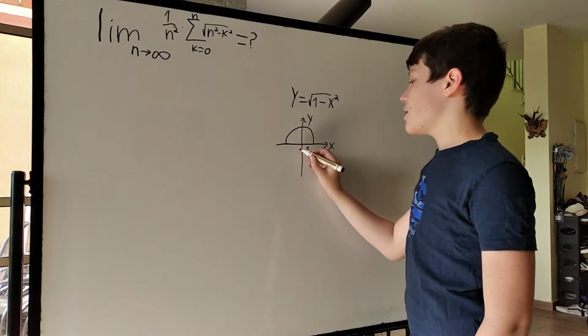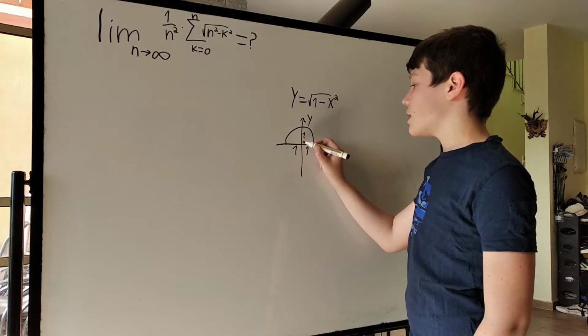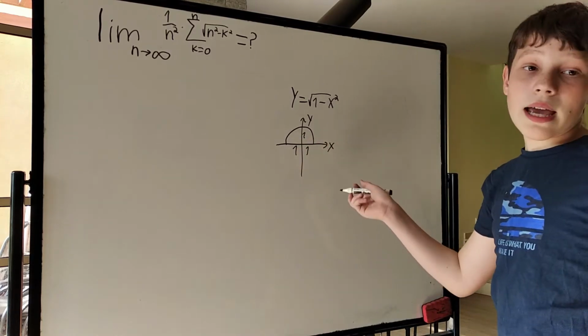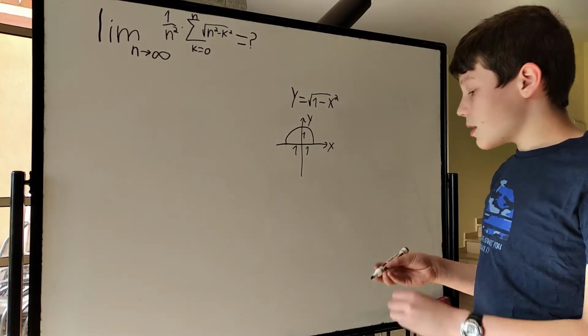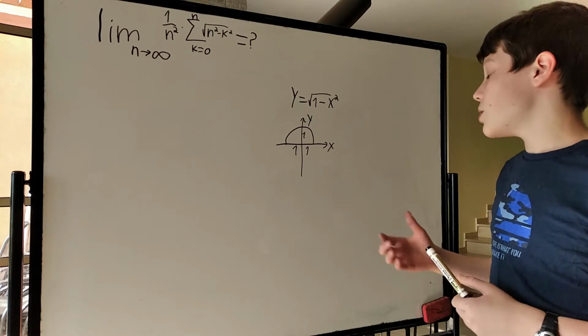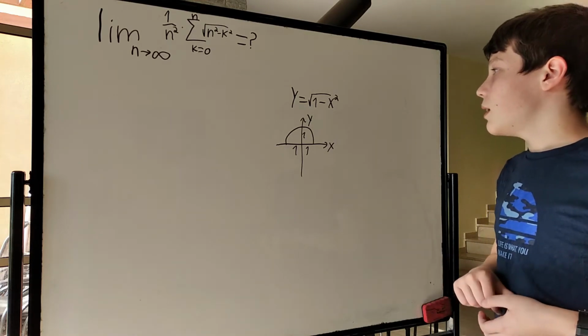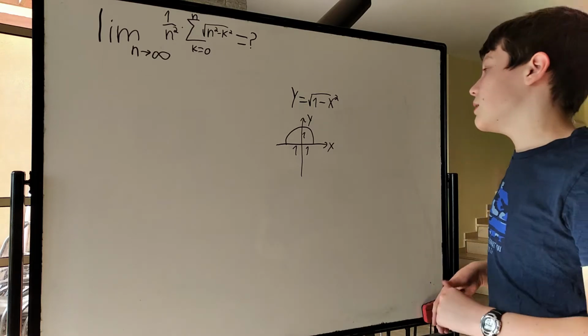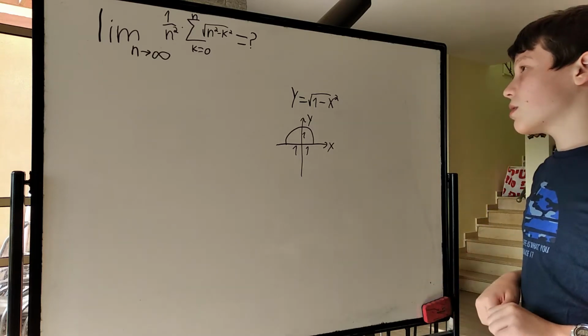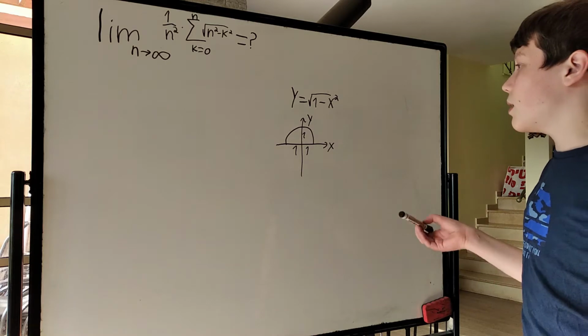So the radius here is 1, so all these lengths are 1, and it's just a half circle on top of the x-axis, half of the unit circle.